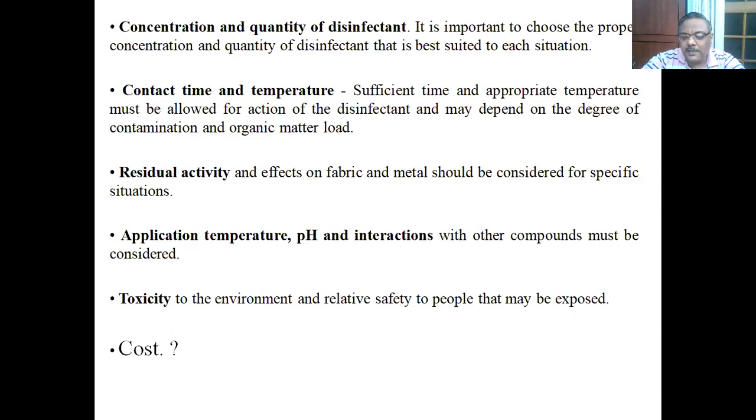We are concerned with the sterilization of the surface, destroying the microorganism, not affecting the surface. Then toxicity to the environment and relative safety to people that may be exposed. And the biggest thing is the cost. At what cost is this sterilization going to happen and how effective is it? The cost of the sterilization process and the effectiveness are to be balanced.